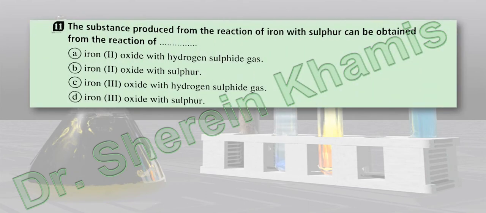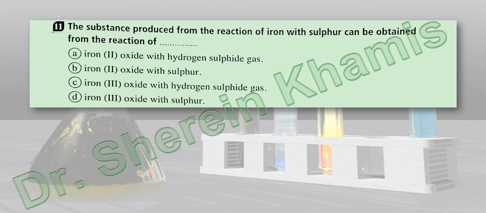Question number 11 says that the substance produced from the reaction of iron with sulfur can be obtained from the reaction of: one, iron 2 oxide with hydrogen sulfide gas; two, iron 2 oxide with sulfur; three, iron 3 oxide with hydrogen sulfide gas; and four, iron 3 oxide with sulfur.